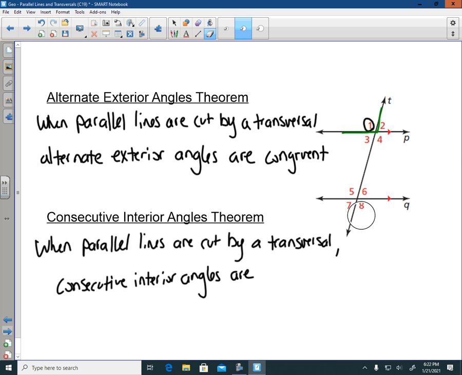Well, let's see. So far, everybody's been congruent. What about these guys? Those are consecutive interiors. They're on the same side of the transversal. They're not similarly arranged. 3 looks like this, and 5 looks like that. Now, do those look the same?